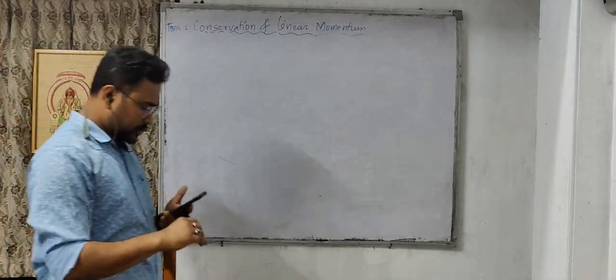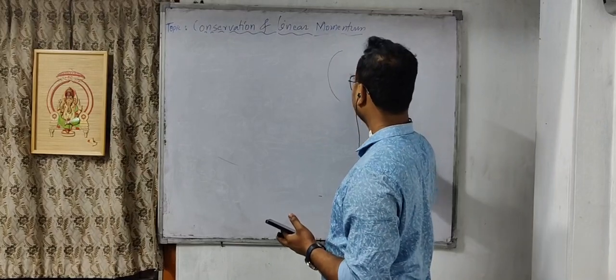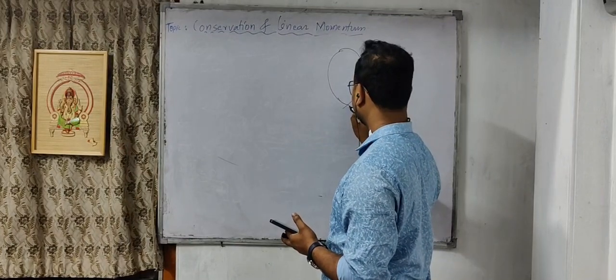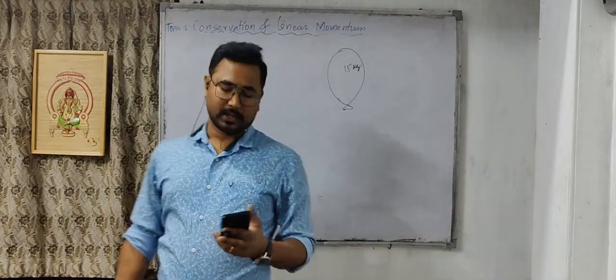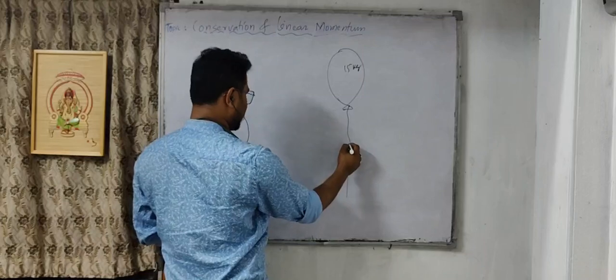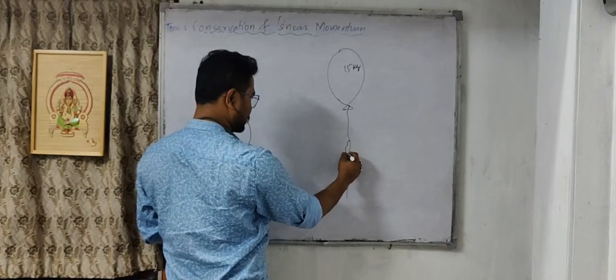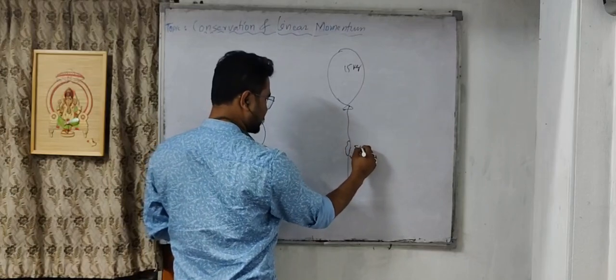Okay, so here the question is, there is a balloon. Suppose its mass is 15 kg and one rope is there and a man is hanging over it. Suppose I am drawing, and the mass of this man is 5 kg.